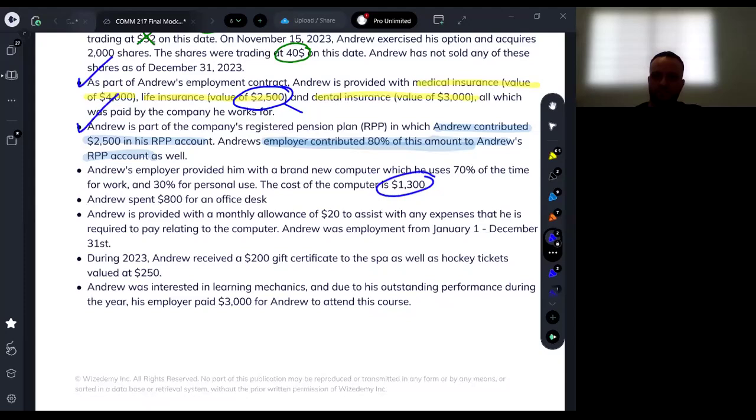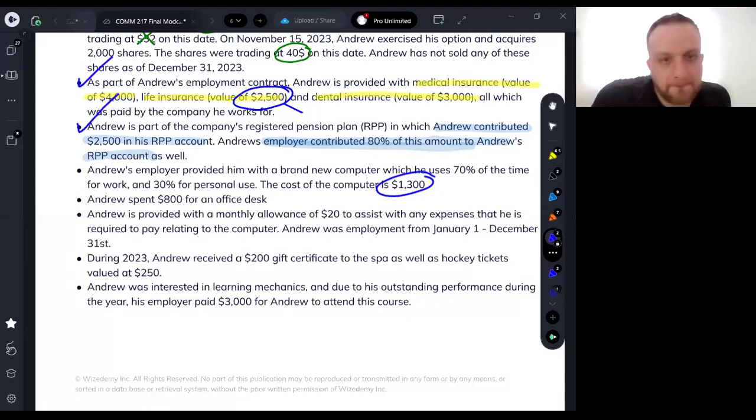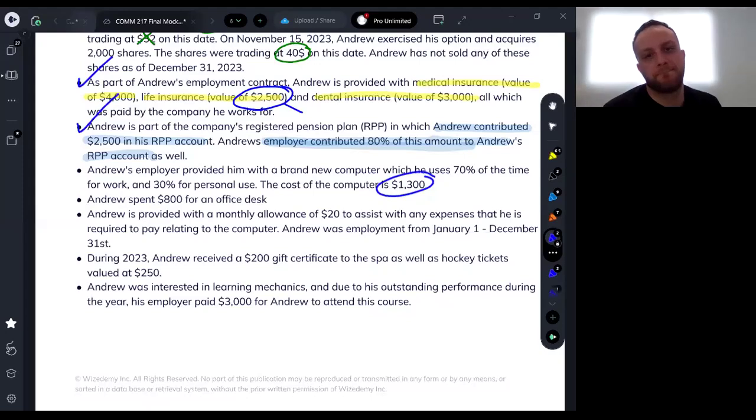I don't entirely remember if he's only taxed on the part he uses for personal use or if he's taxed on the whole thing. Isn't it deductible because the time spent using it for work exceeds the personal use? Isn't it like it has to be over 50% work use for it to be deductible?